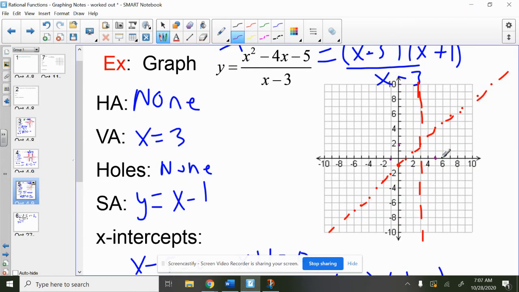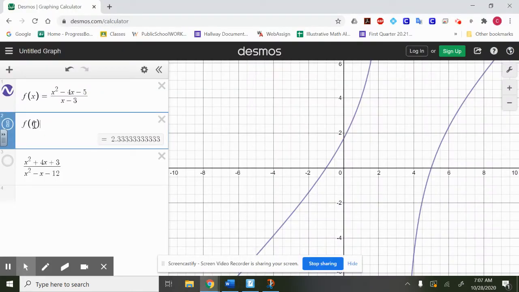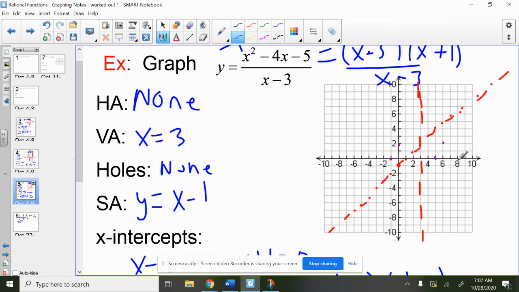So here at 6, I can go up here to 2.3 repeating. It's about there. And what happens at 8, for example? I can do the same thing. When my x value is 8, I'm at 5.4. So that's going to be (8, 5.4). You can see that this is going to trend in this direction. And same with this one. This one's going to go up here, hit those two points, and look like that. And it looks exactly like our graph.